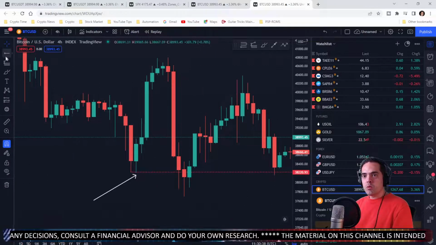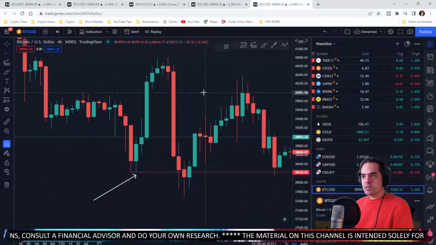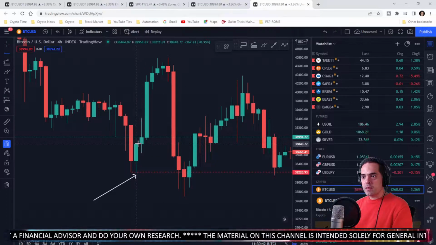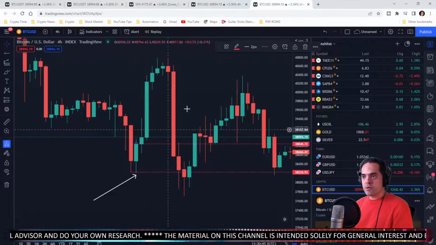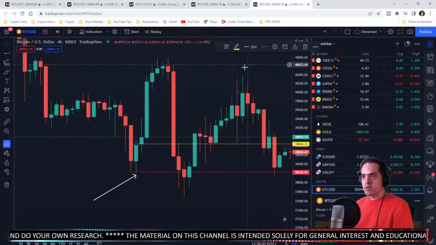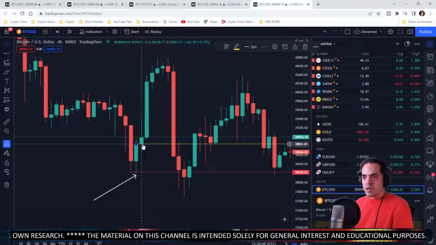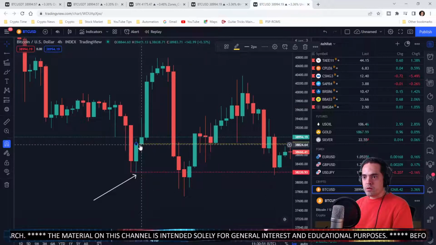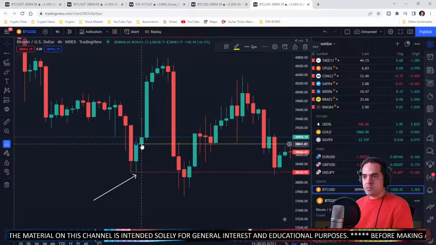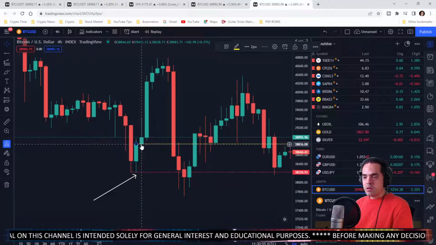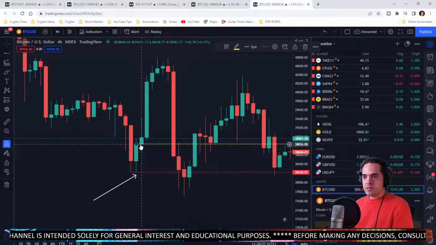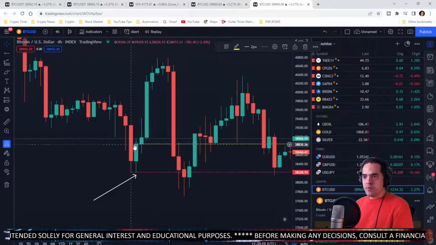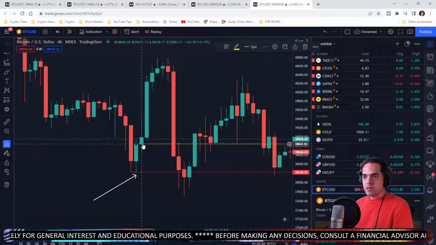So we would then spot this breakthrough here. Let's change to yellow. Once the next candle opens and closes above the previous one, then it's your trigger.